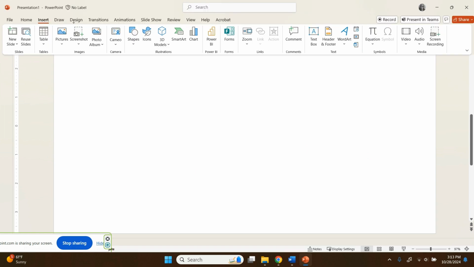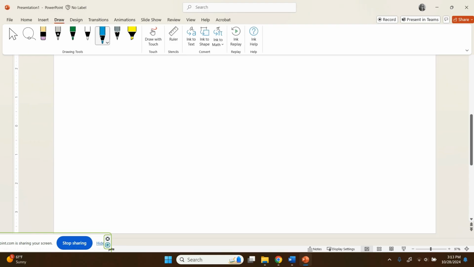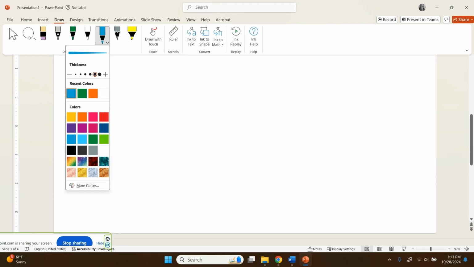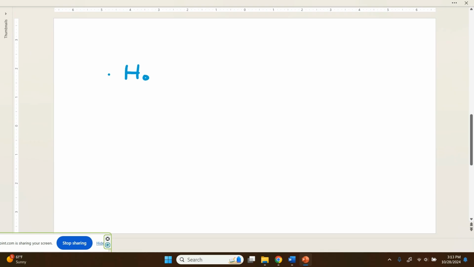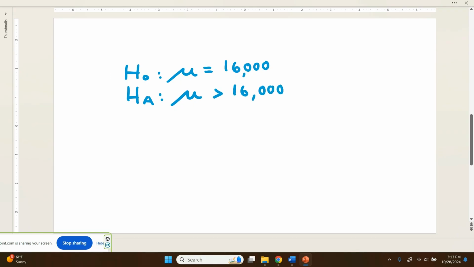I'm going to rewrite the null and alternative since I kind of lost that by switching pages. The mean is greater than 16,000. And our test statistic was Z equals 2.53.